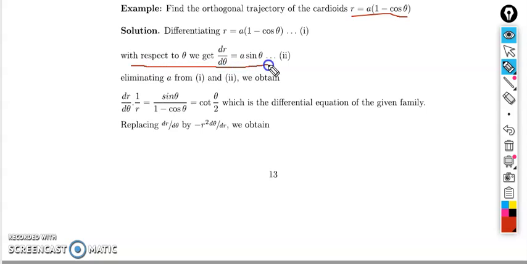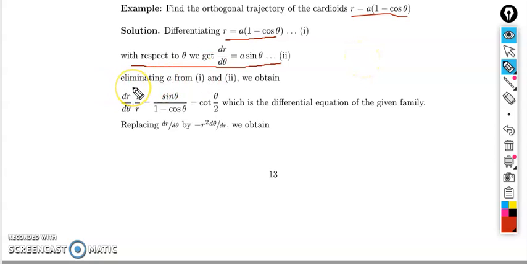Exactly for that reason, we differentiate this equation with respect to theta. The result becomes dr/d theta; a is constant, so that gives 0, and minus a cos theta, when differentiated, becomes plus a sin theta. So the value of a is (dr/d theta) by sin theta. If you put this value of a here, you can find the differential equation of the given curve.